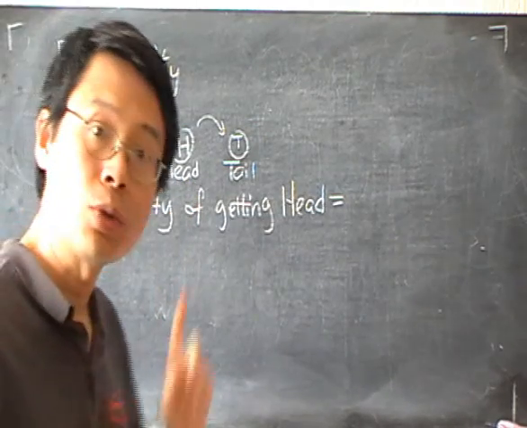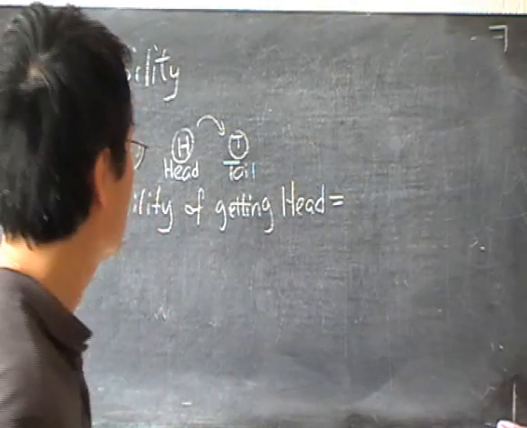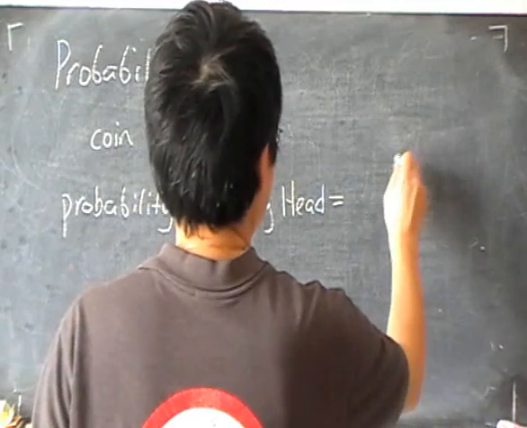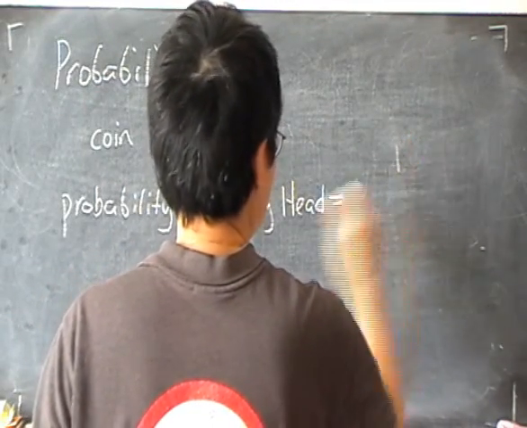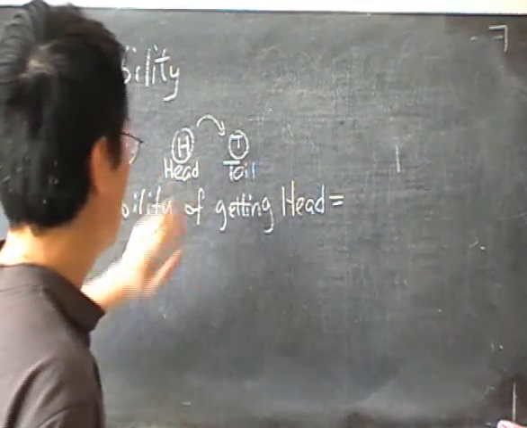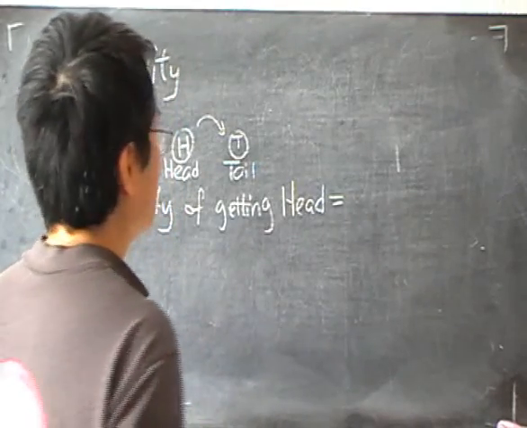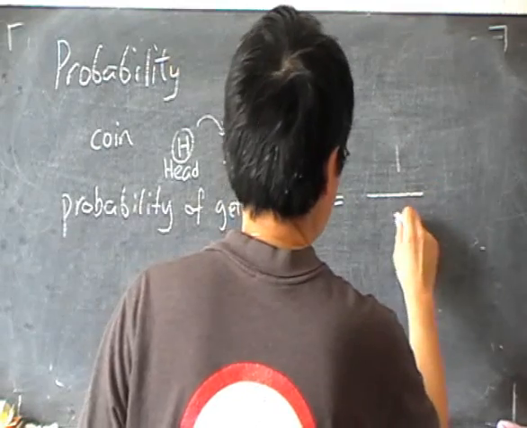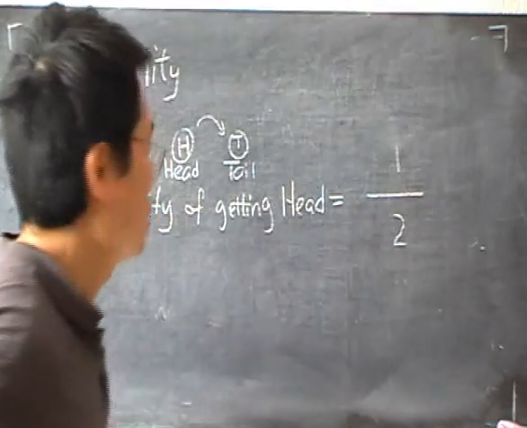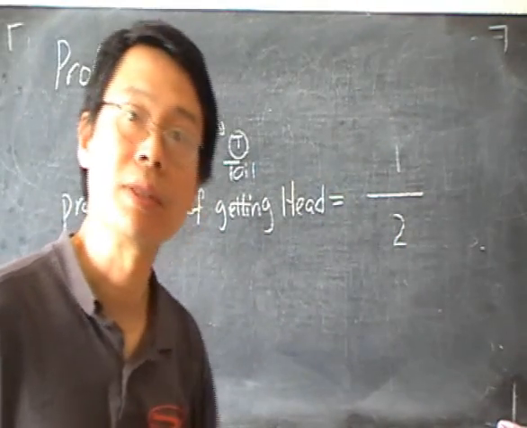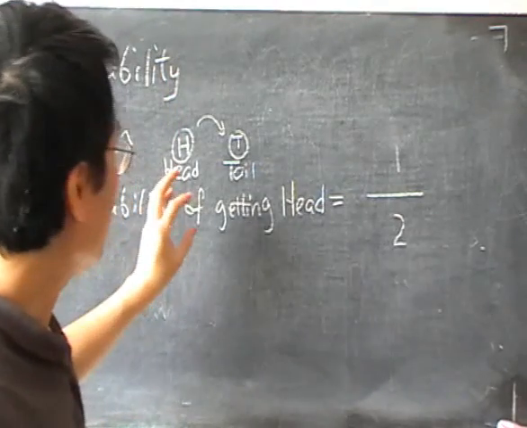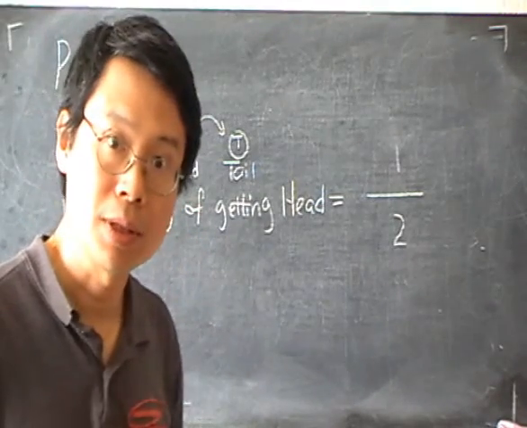There's only one such event. So we take the one event, which is getting a head, and divide by the total number of possible events. That's the way to calculate probability.